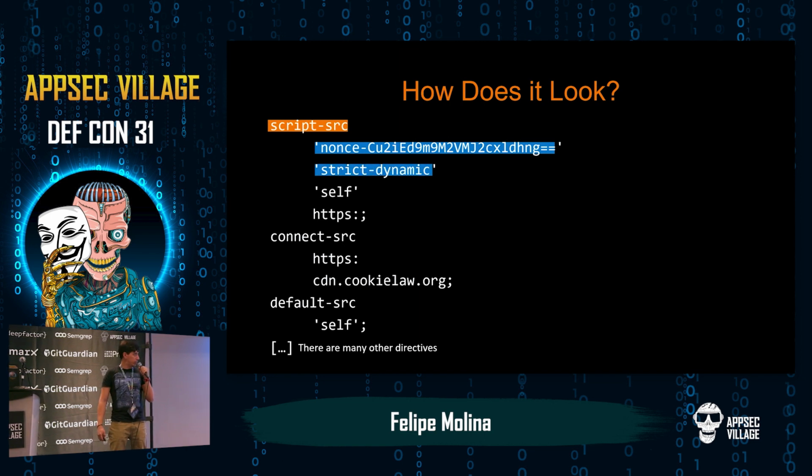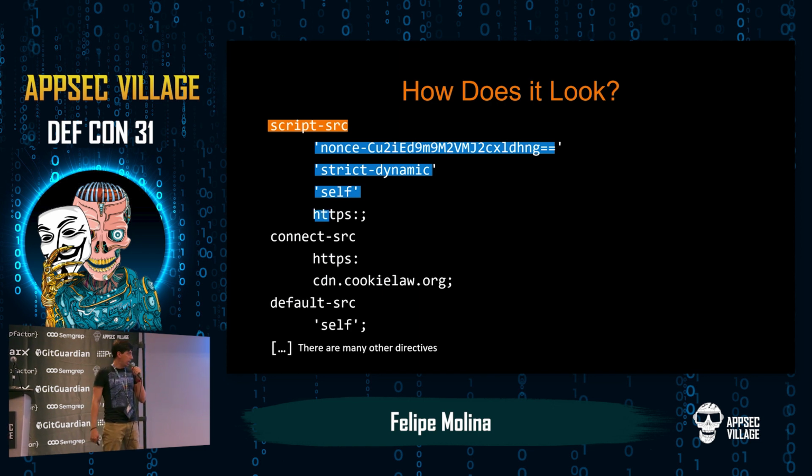The following one is strict-dynamic. This value says that the allowed scripts can transitively create or add new scripts to the page that would in turn be allowed to be executed. Self means that the page's own domain is allowed to execute its own scripts. And the fourth one means that all scripts coming from an HTTPS source, this is the protocol HTTPS, are also allowed to be executed.